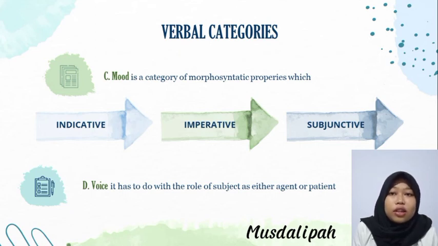And the third is subjunctive, the form of the verb used to express uncertainty, wishes, desires. In contrast to the indicative mood, the subjunctive usually refers to non-factual or hypothetical situations.